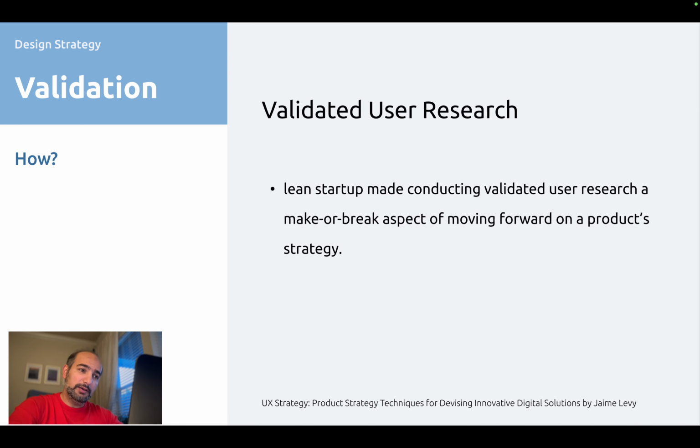So here we are talking about a kind of research. Validation is a kind of research, and usually in the beginning, it's more of a user research technique. Lean Startup has been created based on these ideas.